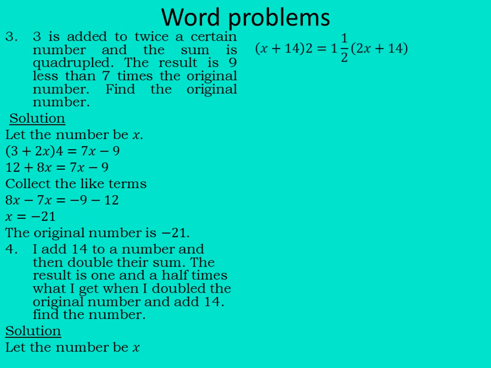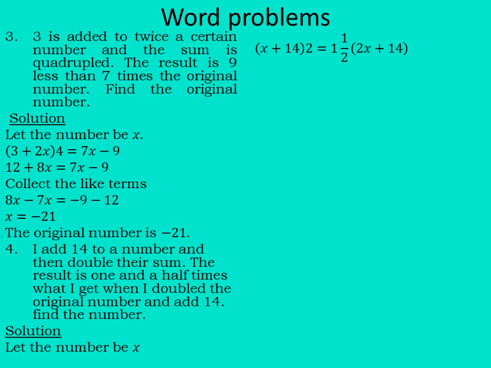So I add 14 to a certain number, that will be 14 plus x, and then double their sum. So that will be multiplied by 2, just like we did in question 3. So we multiply x plus 14, we multiply everything by 2. The result is 1.5 times, that's one whole number 1 over 2 times.